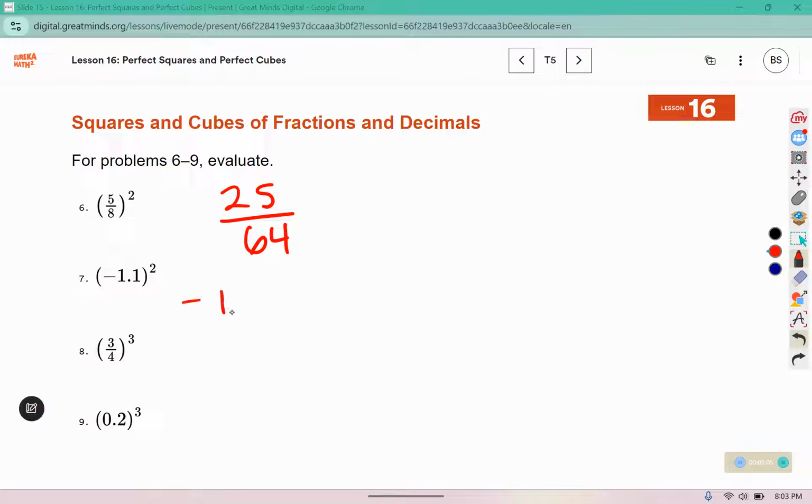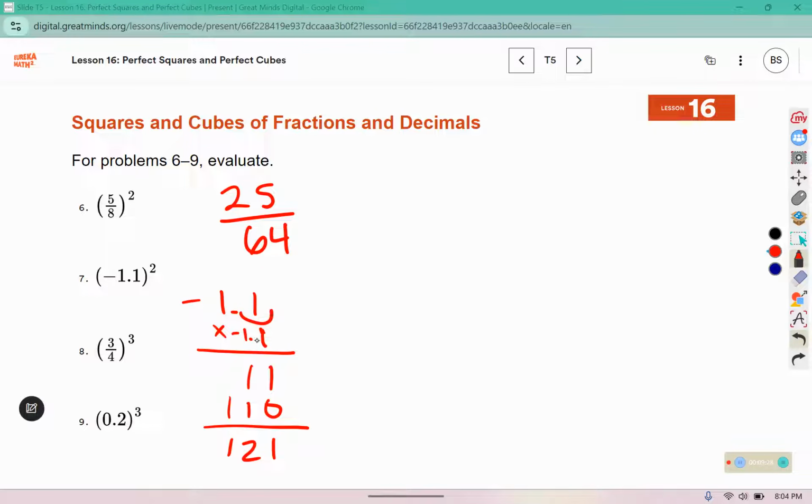-1.1 squared, that'd be -1.1 times -1.1. This would be 1. 1 times 1 is 1. Then we would put our place value spacer. 1 times 1 is 1. 1 times 1 is 1. Add them up.